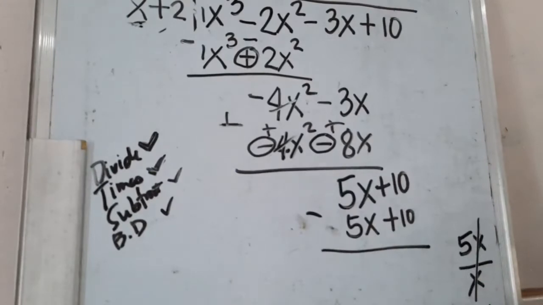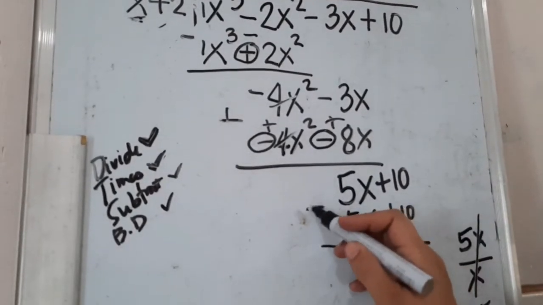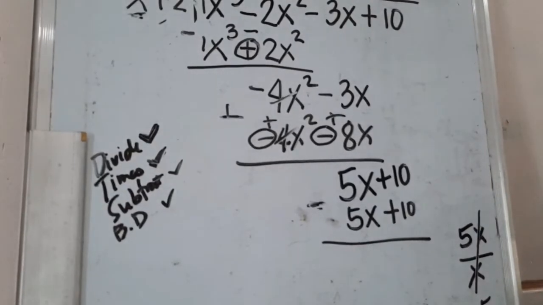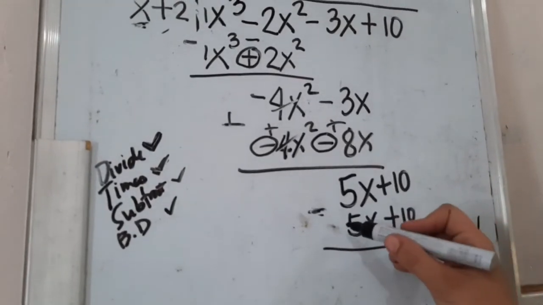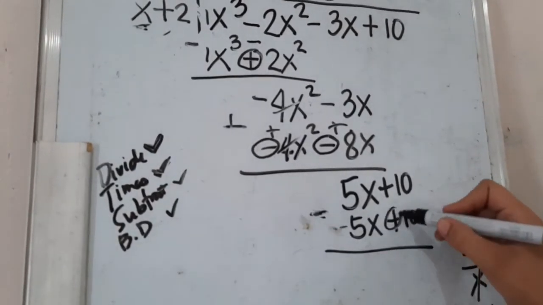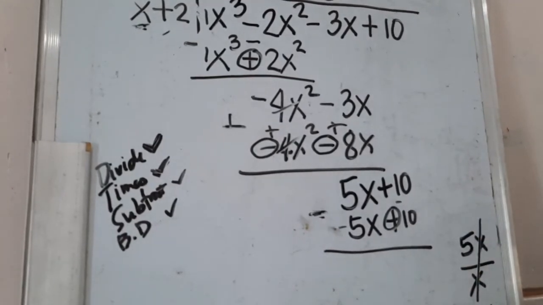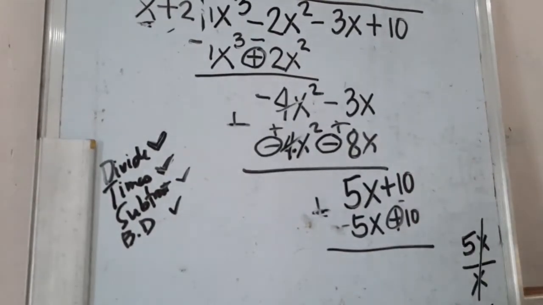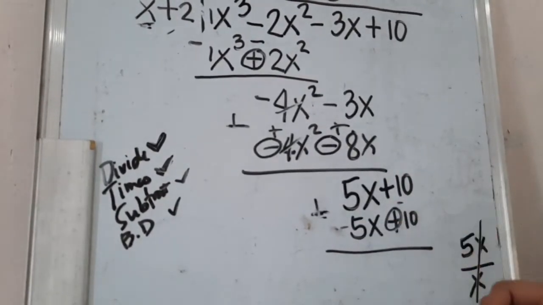Then we can subtract. The rule for subtraction: you change the sign of the subtrahend and proceed to the rule of addition. So this will become negative, and this will become negative. Proceeding to the rule of addition, 5x plus negative 5x is 0, and 10 plus negative 10 is still 0.